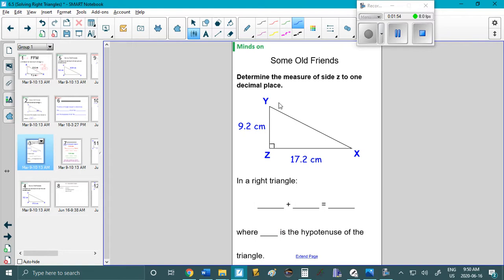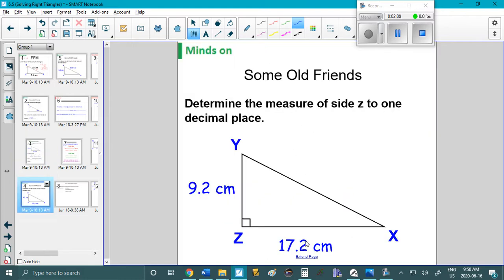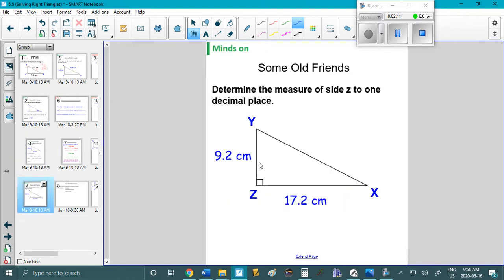All right, determine the measure of side Z. Uh-oh, we don't have any angles. Remember, in a right triangle, a squared plus b squared equals c squared, where c is the hypotenuse of the triangle. So let's try this out. Well, this is x, this is y, and this is z.